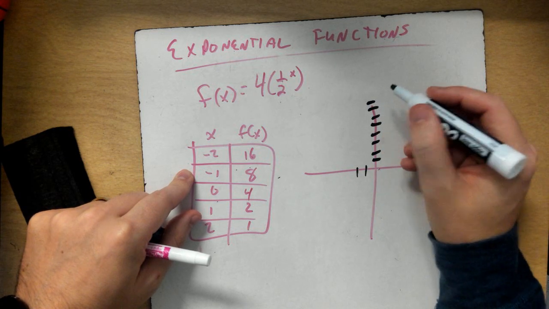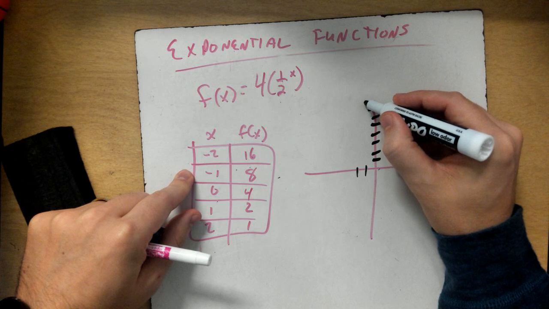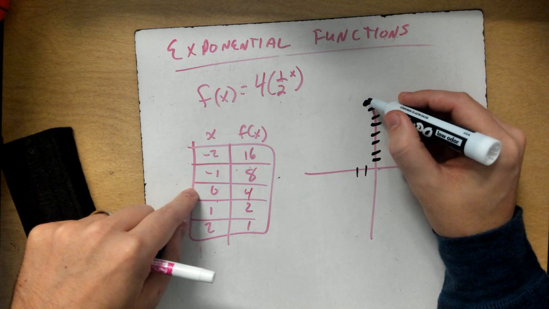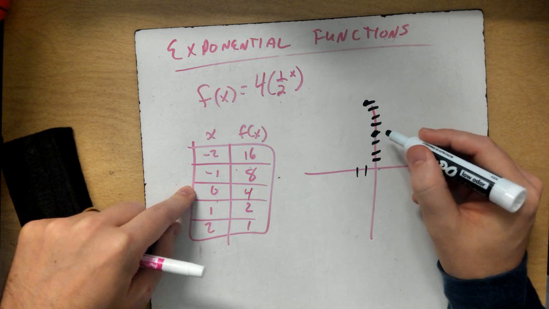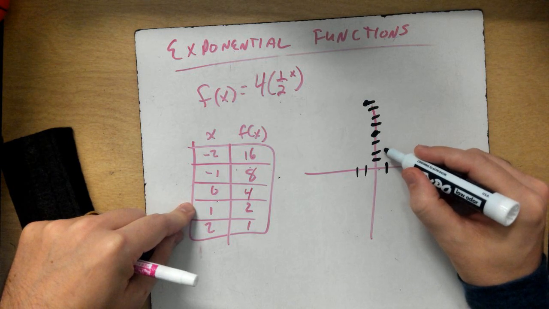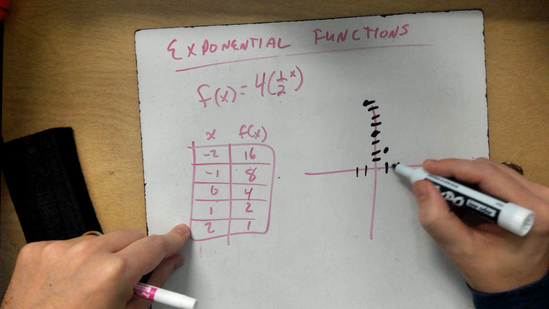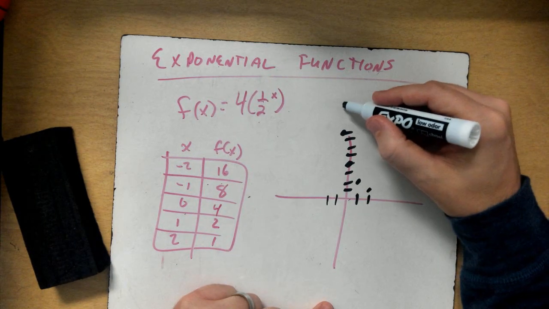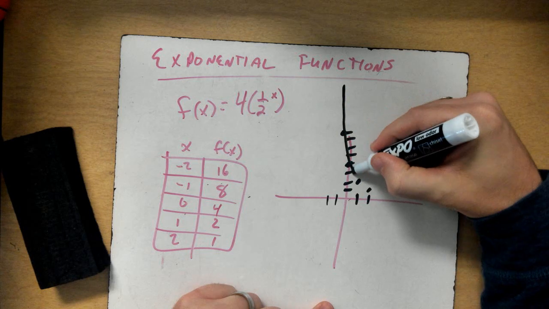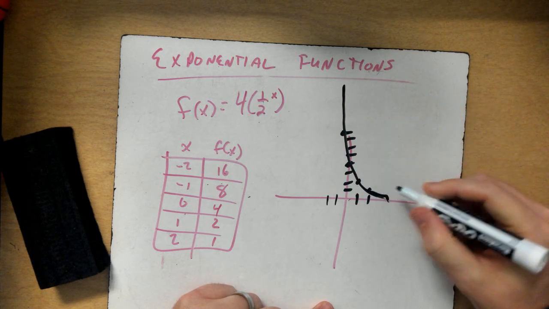So -1, 8, and then at 0, 4, and 1, 2, and 2, 1. So now this line is coming down here like this.